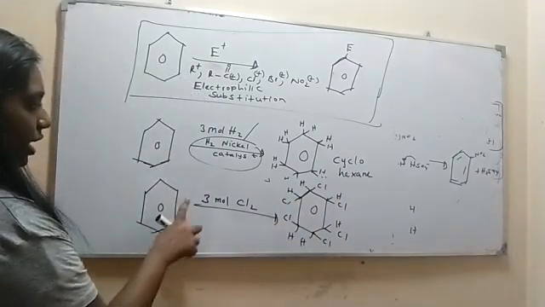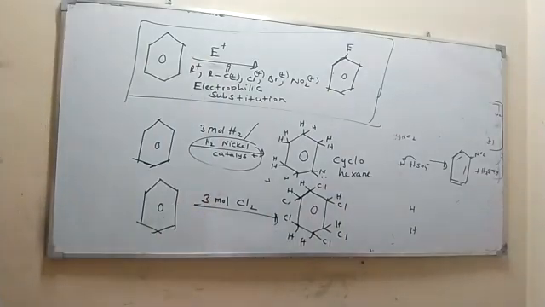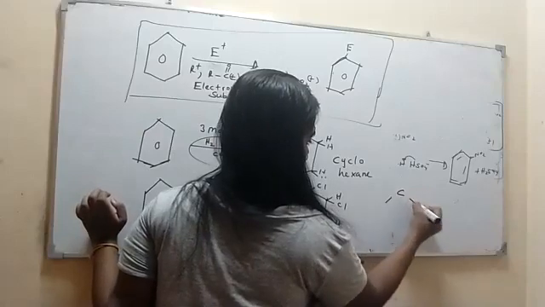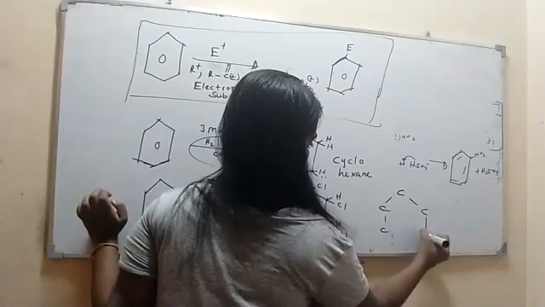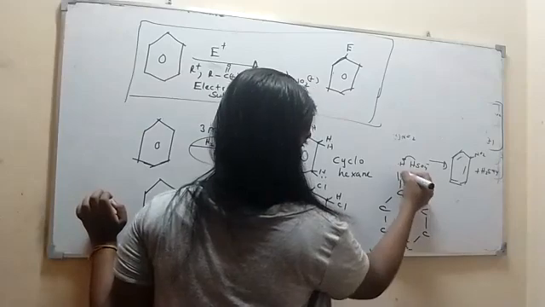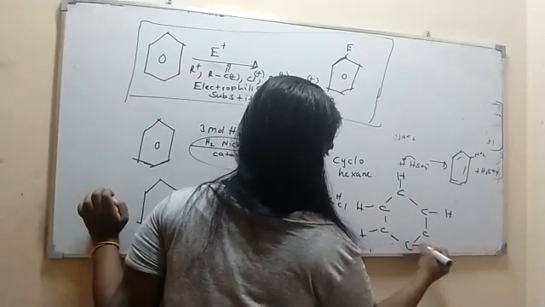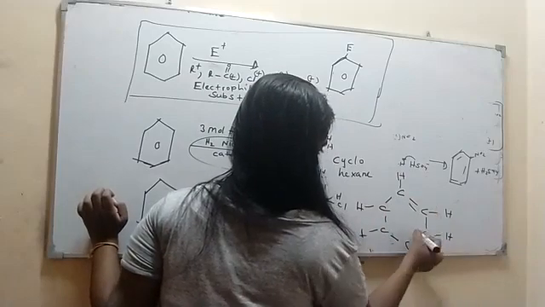But what I am telling here is, 3 moles of chlorine means a normal benzene ring has 6 carbons like this, hydrogen here, and in between there are double bonds. That is the normal benzene.